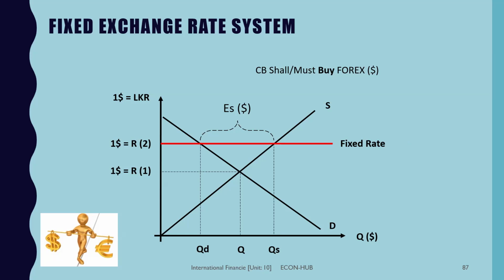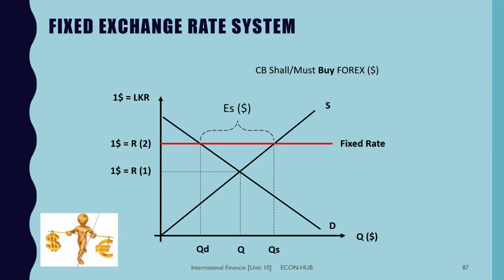The value of the rupee is purposefully kept at a lower level by the government because maybe they are trying to achieve certain objectives or make our exports cheap. Countries like China do this. This is called currency manipulation.